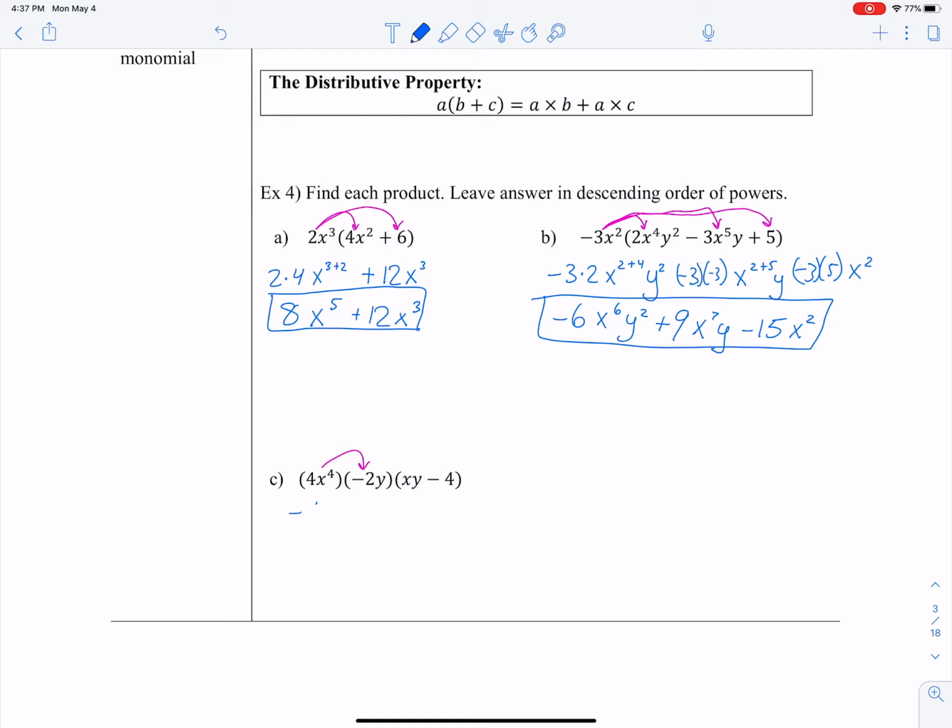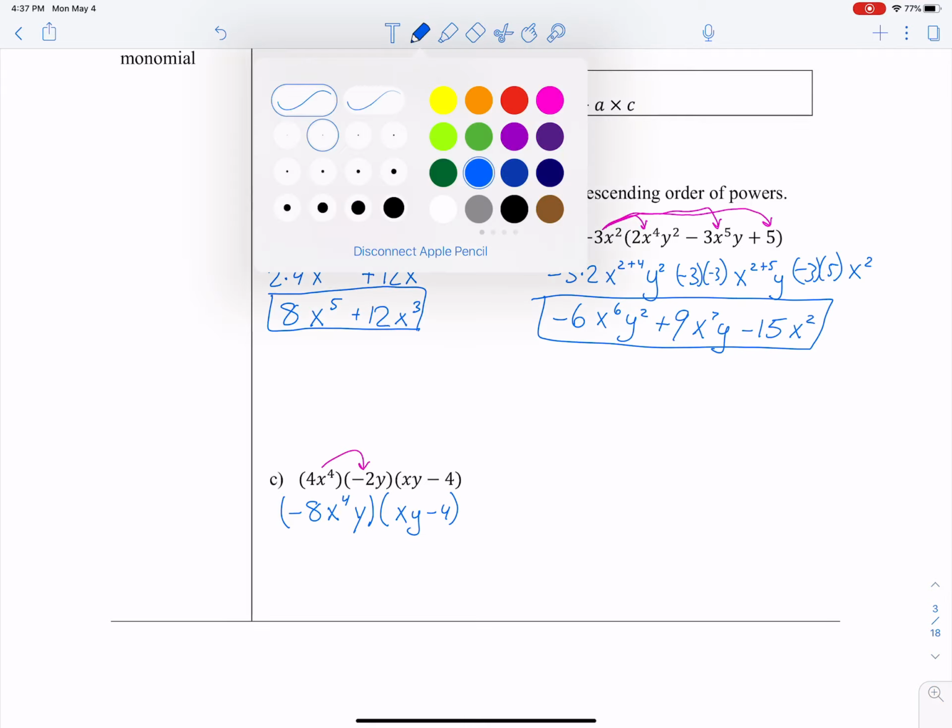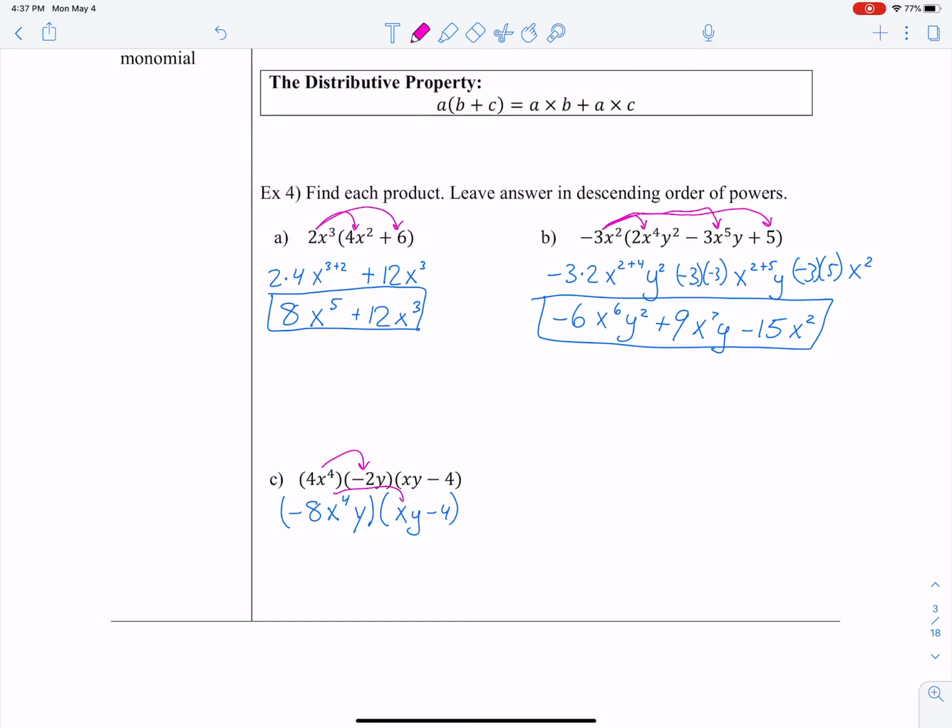It's going to be minus 8, then we have x to the 4y. Okay, so we need to do that first. And then we're going to multiply it to x, y minus 4. You can't do this all in one step. You have to do step 1 and then multiply that to the next one.